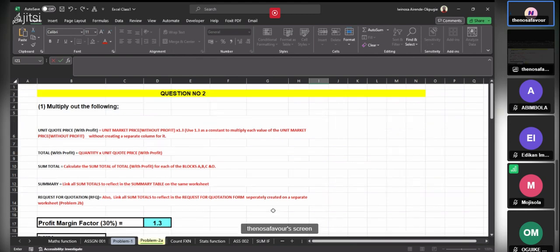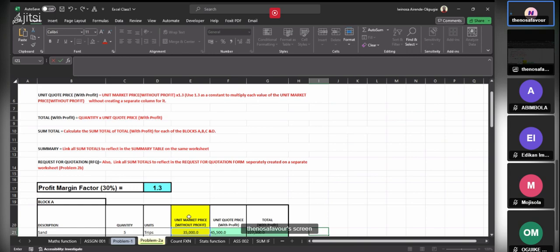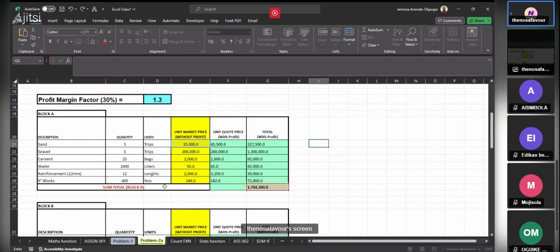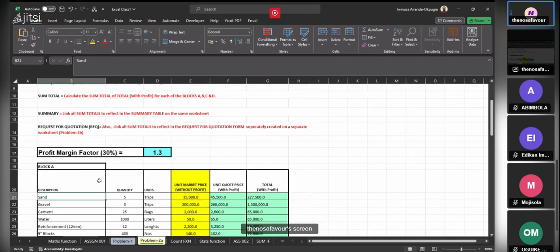Well, I think this is based on whatever you want to use. It's a constant because this is actually a company's file, a sample file, from a company. You can see sand, gravel, cement, and all of that. So this is what they decided to use. But as an individual, you can decide your own profit margin factor.